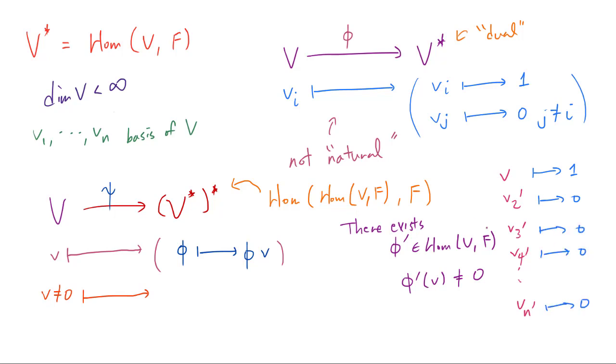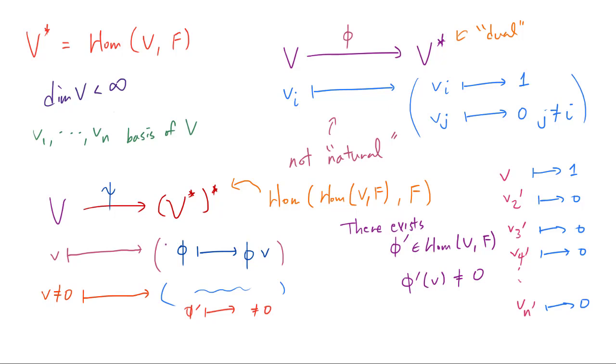Then this certainly satisfies our condition that phi prime of v is non-zero. What this is telling us is that psi of v sends phi prime to something non-zero. So a non-zero vector v is not being sent to the zero map via psi, implying that this map is injective.